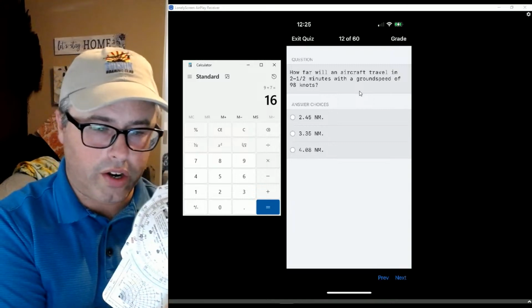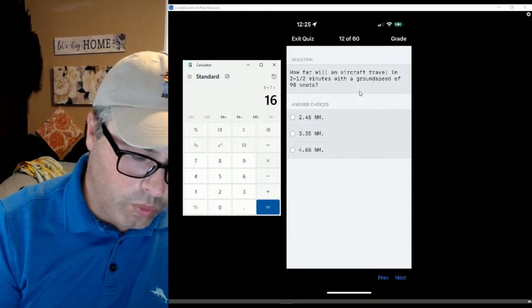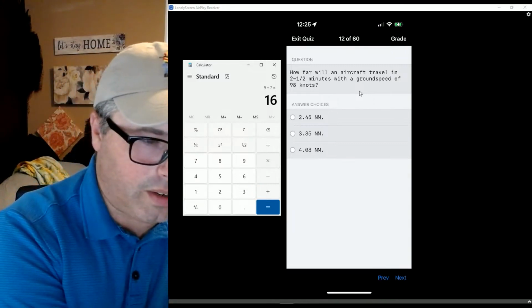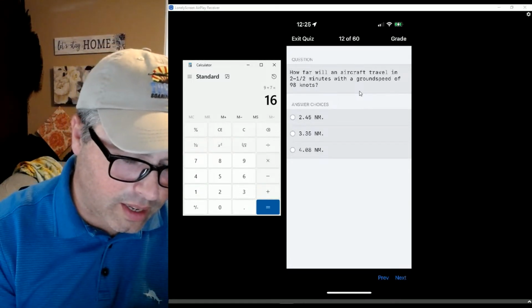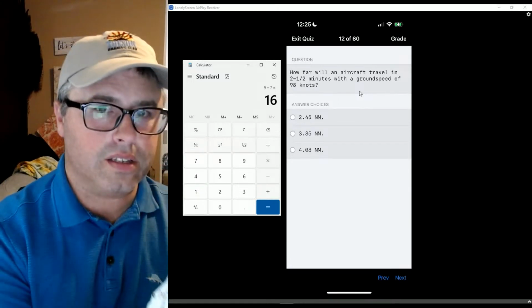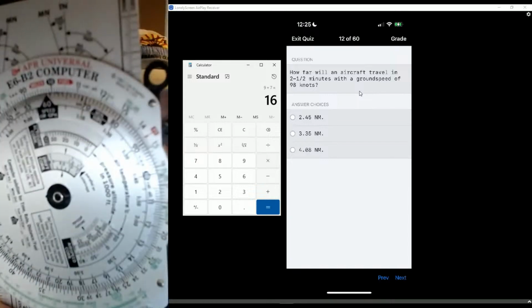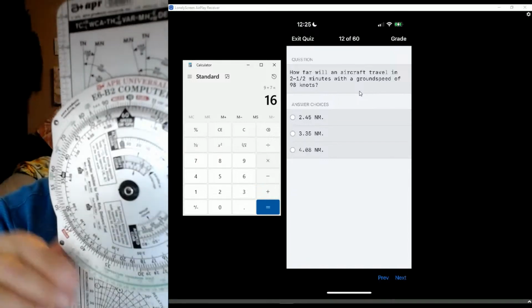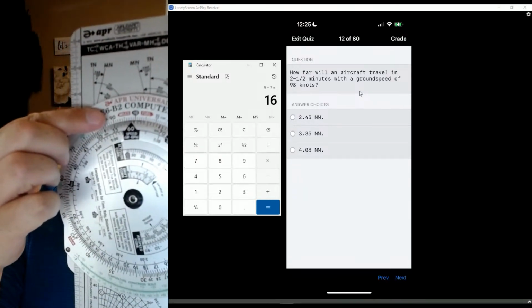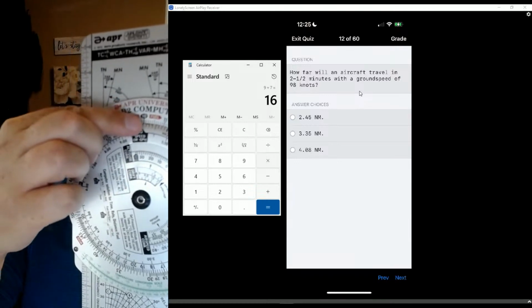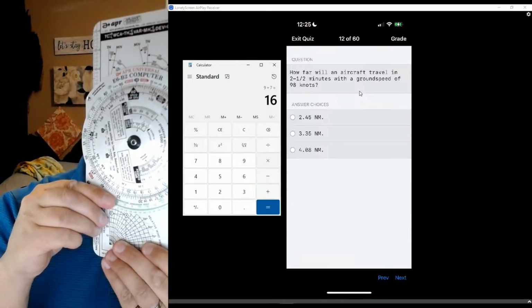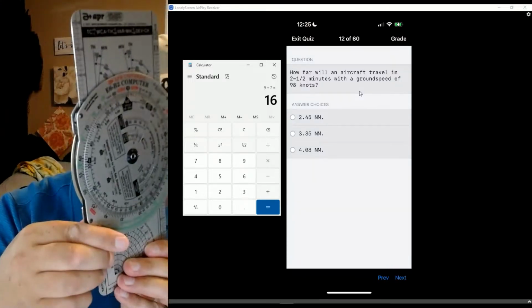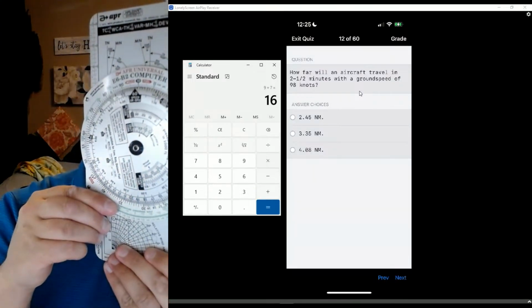On our E6B, we're going to rotate the wheel to 98 knots. I rotated it such that right here there's 90, that'd be 100, and then I've rotated the miles per hour. Trying to get that into focus.